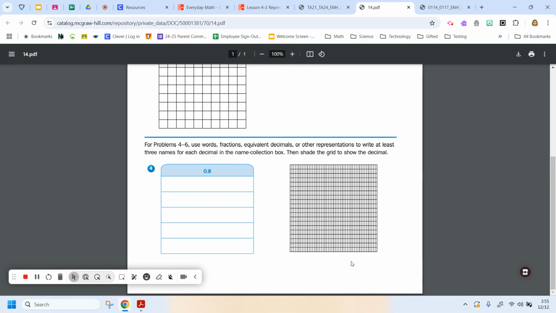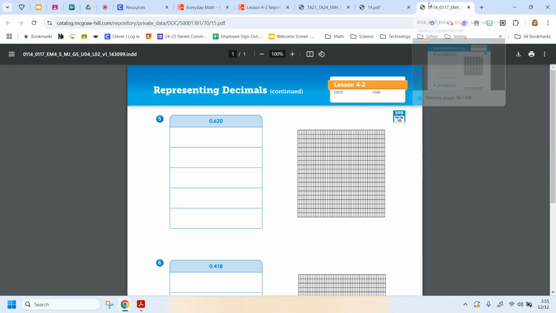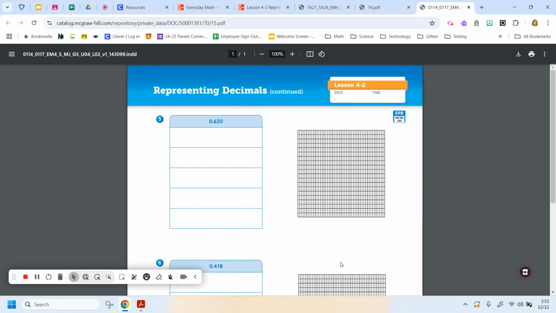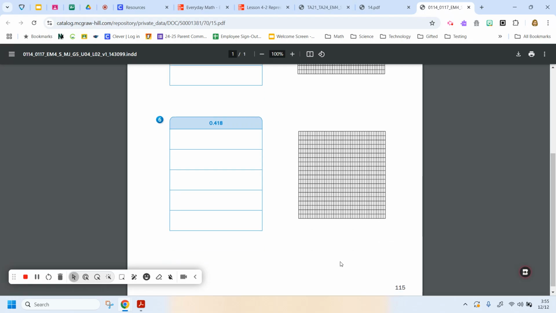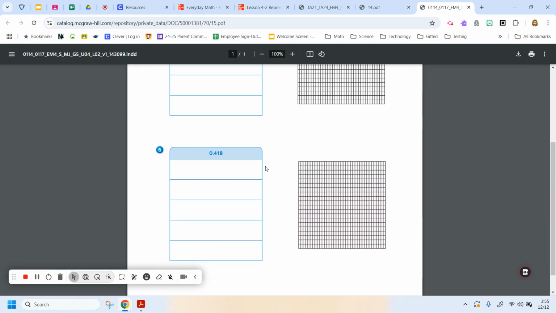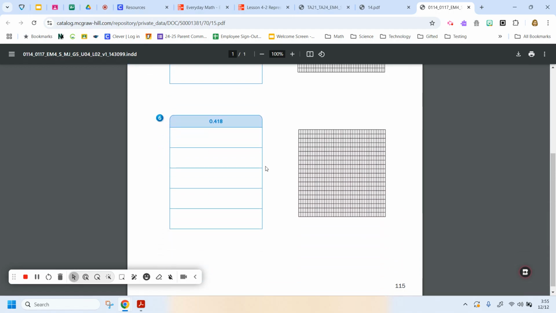So you are working on page 114 and 115. There are 3 for you to go ahead and complete. When you are done with those, you may move on to the practice pages 116 and 117. Please make sure you're taking your time and showing all your work and shading neatly.